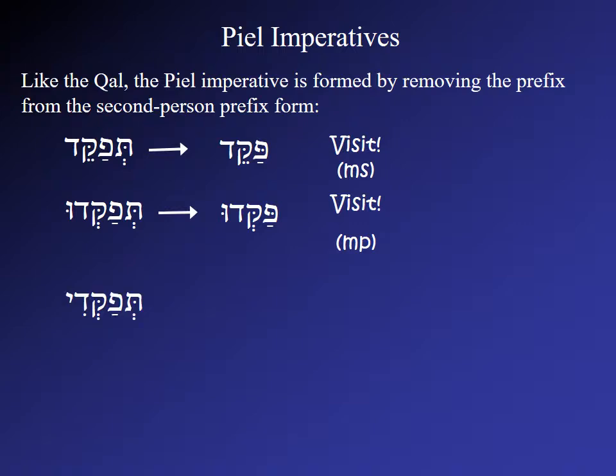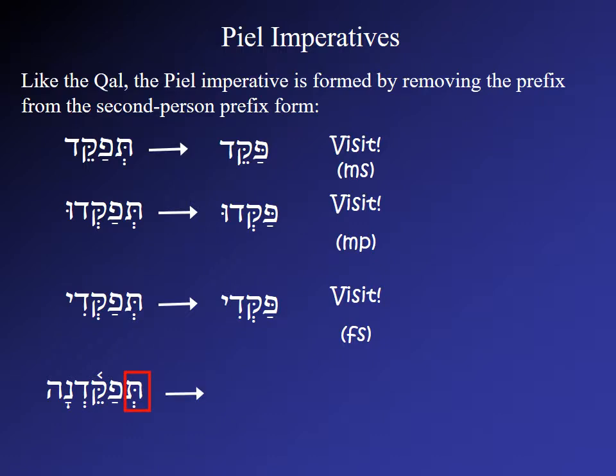For the feminine singular, second feminine singular prefix, tefakdi, remove the prefix and we get pakdi. And again, no vowel changes here. Visit, you female entity. And then tefakedna, remove the prefix, becomes pakedna.